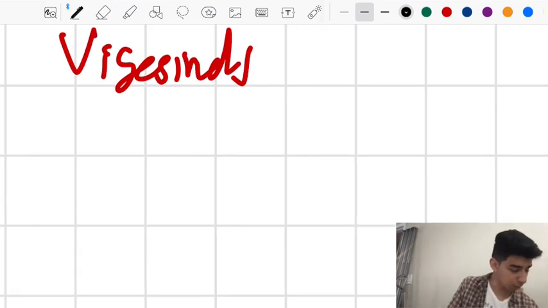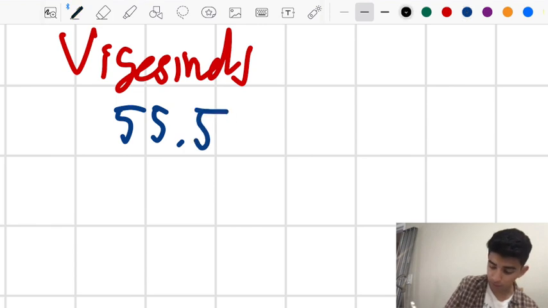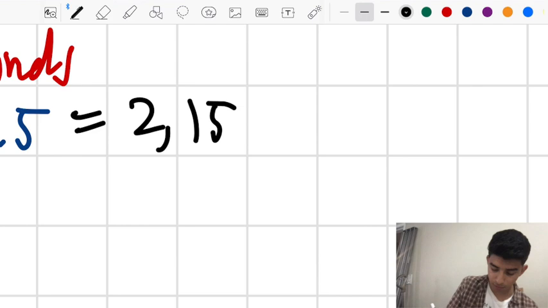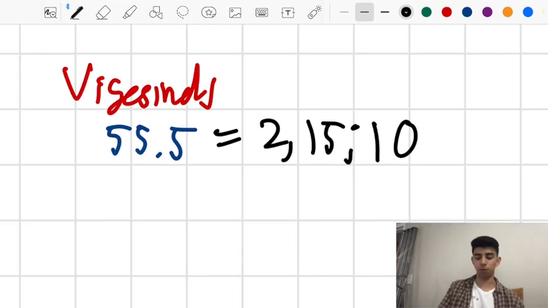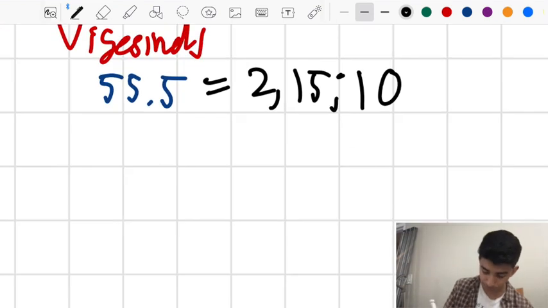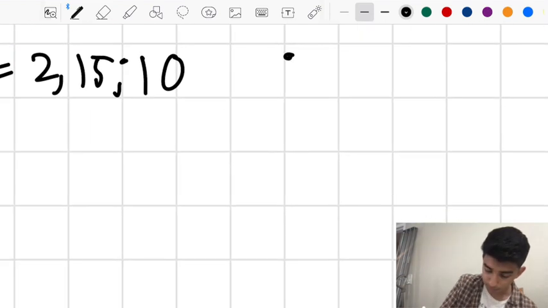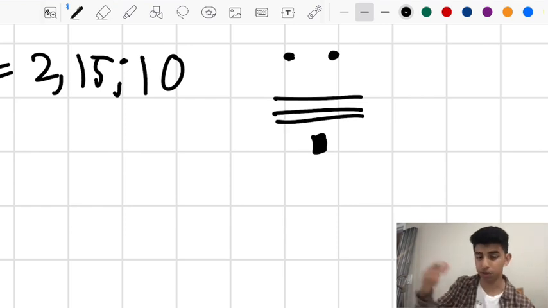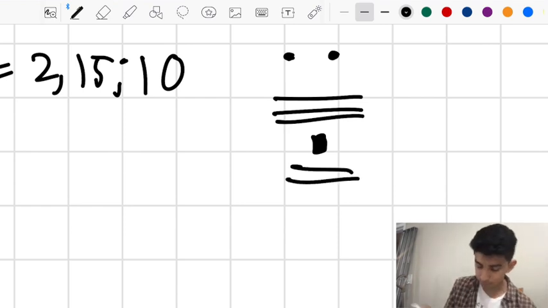An example of this would be if we take 55.5, and this is going to equal 2 20s, 15 ones, and again using the Babylonian form that we once used, this will be 10. So if we were to write this in Mayan numerals, we get 2 on top, 5, 10, 15, and there would be a little square to signify the separation of the ones in the vigesimal, and then 10.